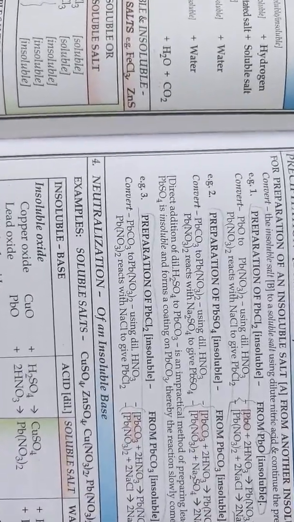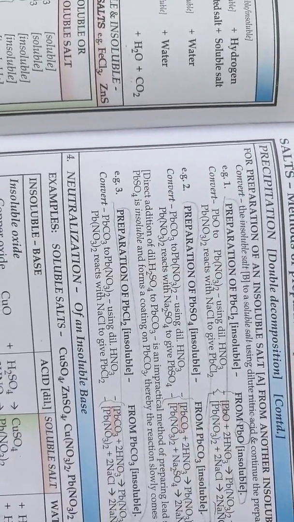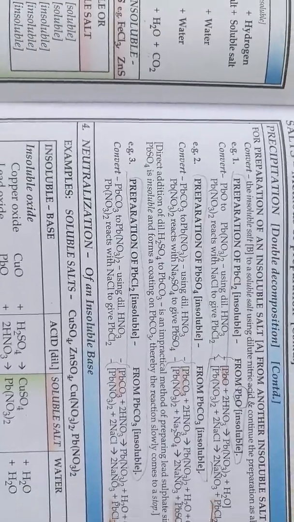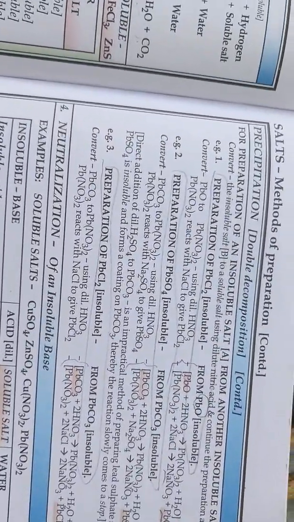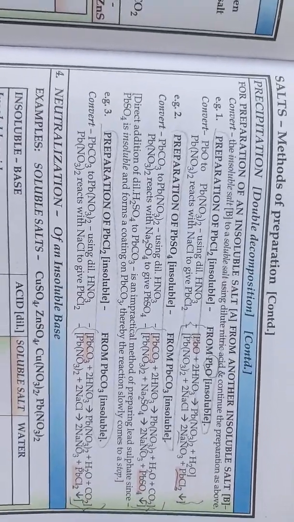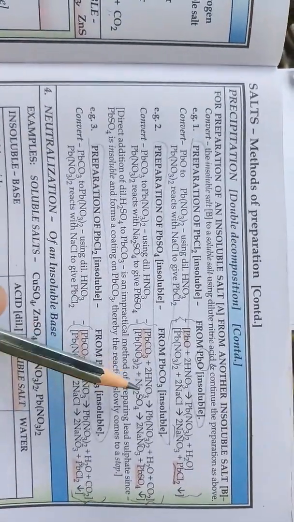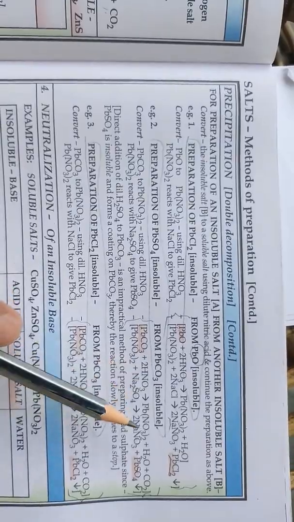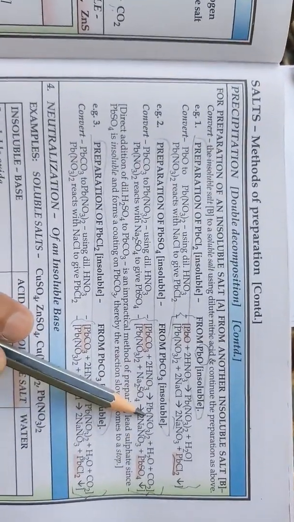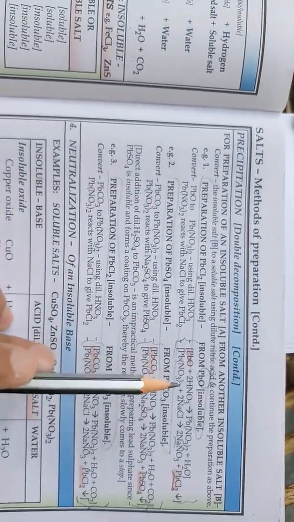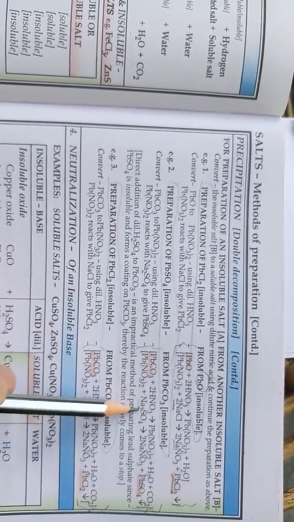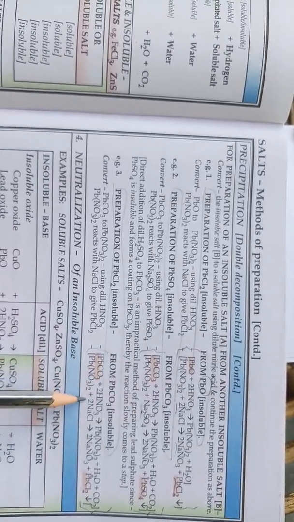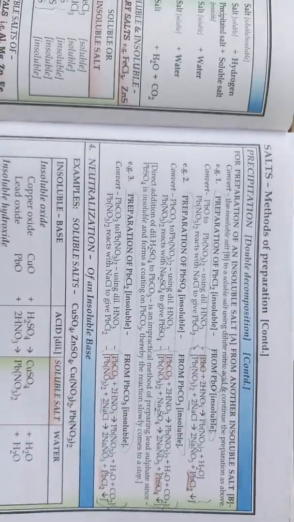And there are 3 important reactions for the preparation of salts. Keep in mind this. When you react a lead compound with nitric acid, you always receive lead nitrate. Lead nitrate is then treated with sodium chloride or sodium sulfate, depending upon the product you want to receive.